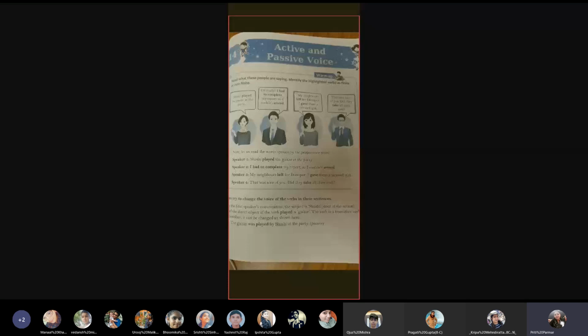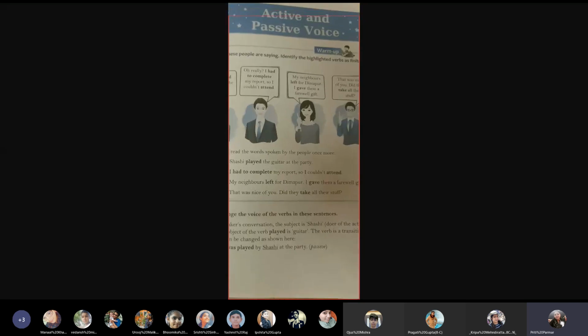Now in the third conversation, in the first part, the subject is my neighbors. That means it is the doer of the action, so it is the subject. My neighbors is the subject, and there is no object of the verb left if you see the sentence. My neighbors left.